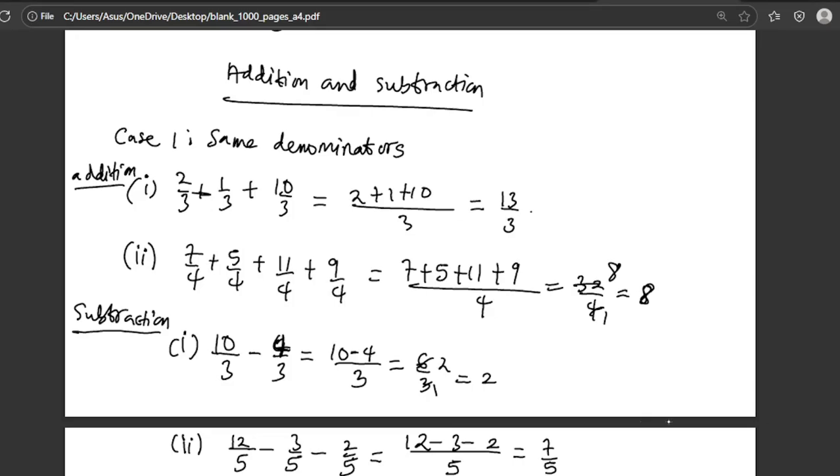The second case means we have different denominators, which is quite interesting compared to the first case.